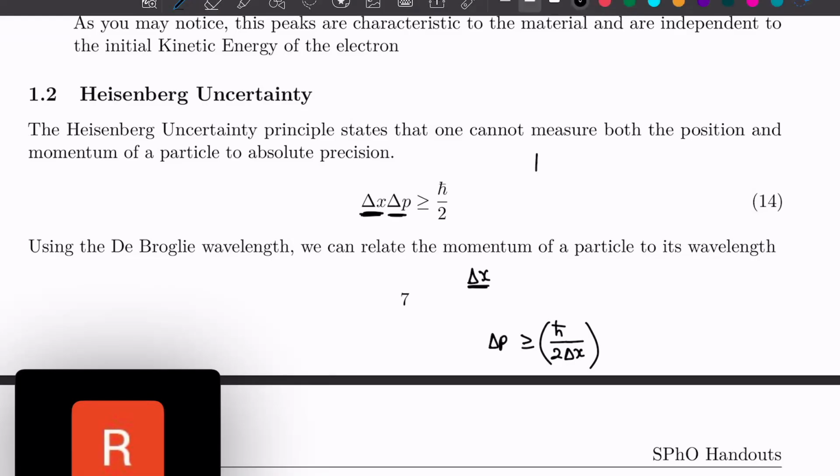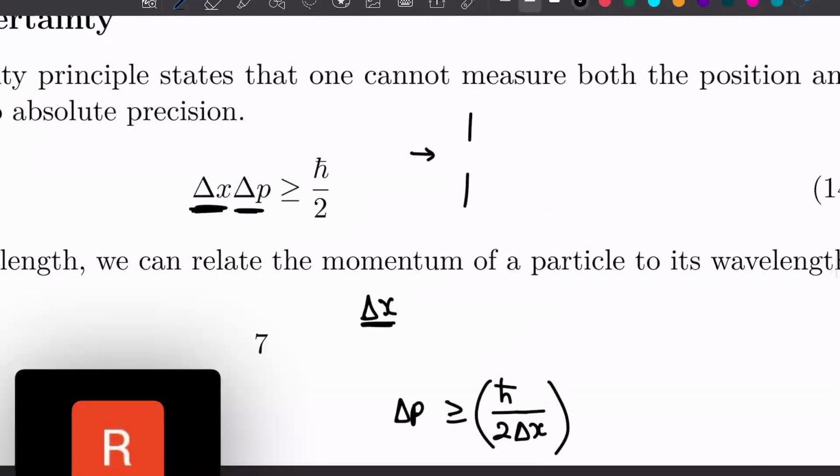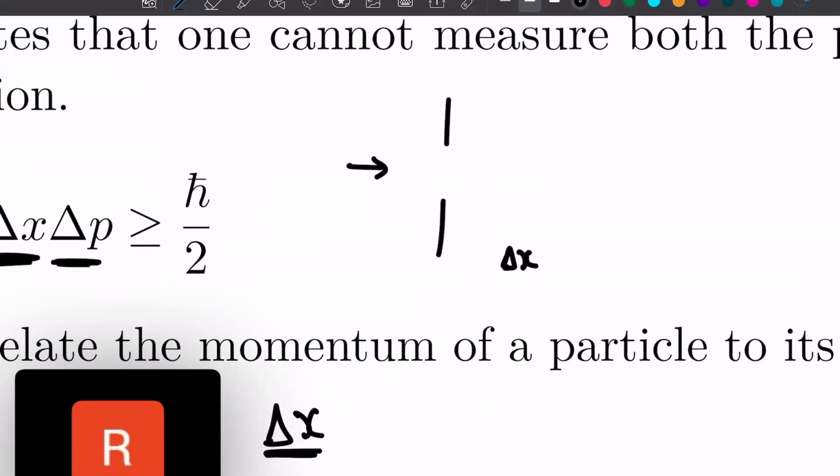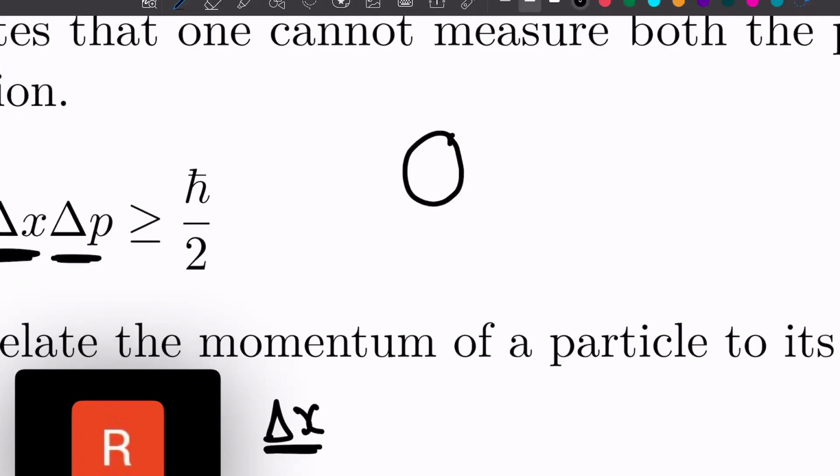It's basically a single slit diffraction, then they shoot particles, and then they ask, maybe part one, what is delta X. In this case, delta X is the slit width, right? They didn't explicitly say that delta X is the slit width, but you have to assume that delta X is the slit width.